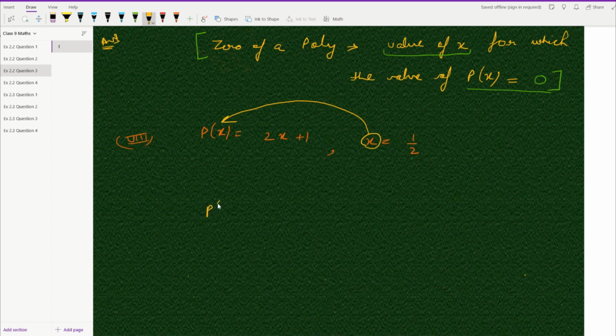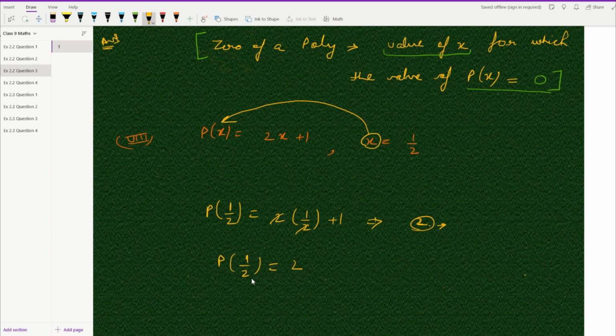That is p(1/2) = 2 × 1/2 + 1, the 2 will be cancelled out, so the final value is 2, which is a non-zero value. It means that p(1/2) is not equal to 0, it is 2.